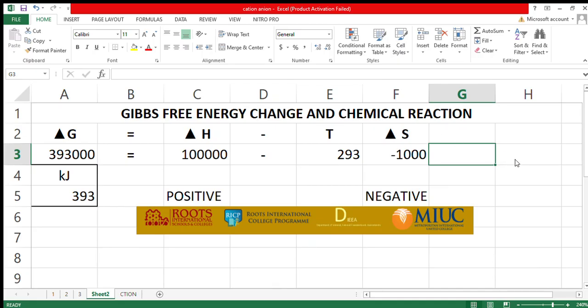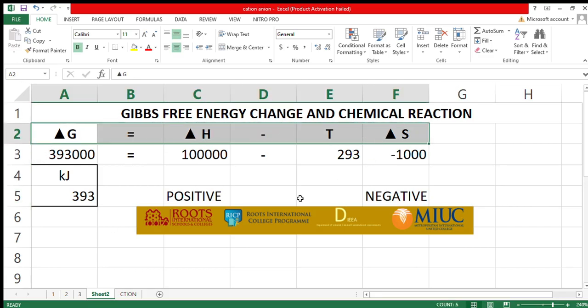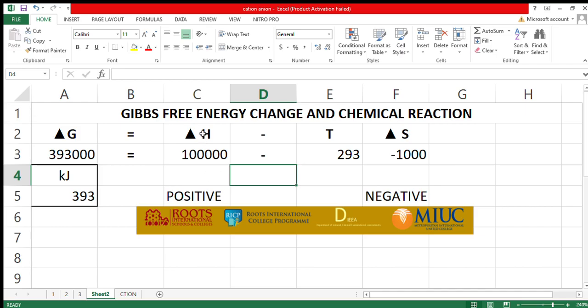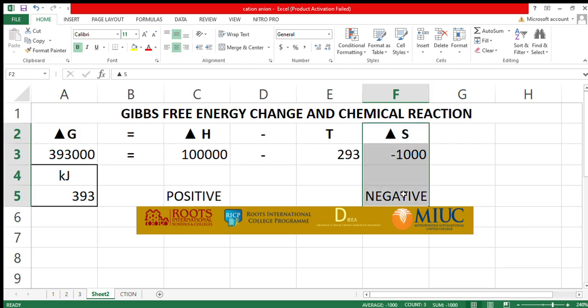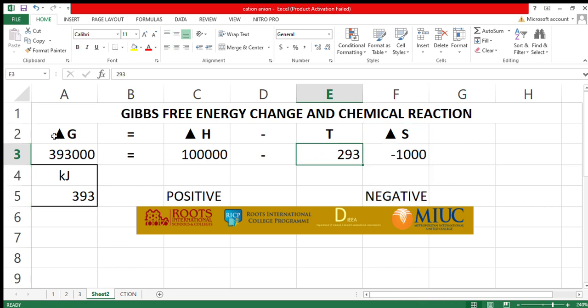Okay dear students, the last case where we are going to use the equation for Gibbs free energy is the one in which the enthalpy change is positive and the entropy change is negative. Now if this is the case, as you can see, the change in Gibbs free energy is positive.